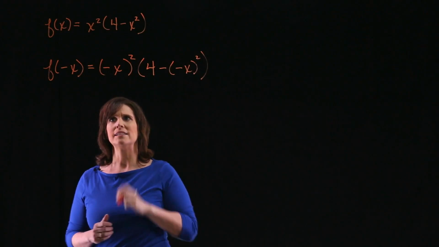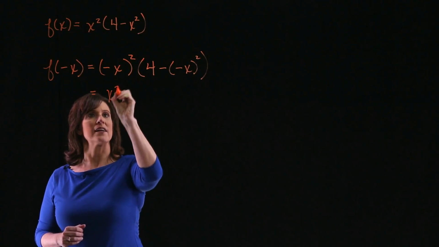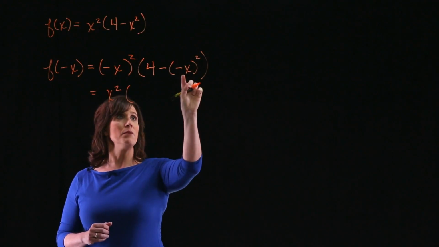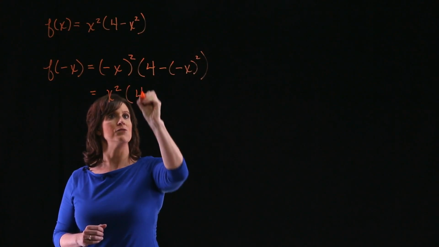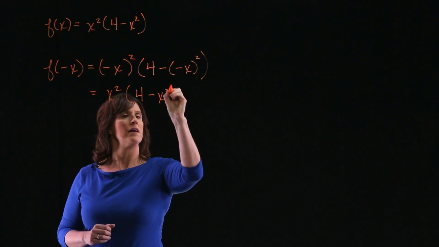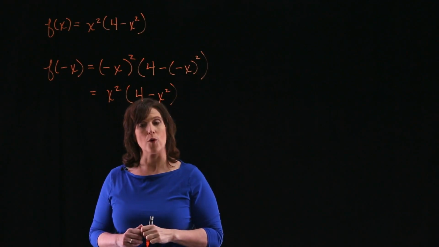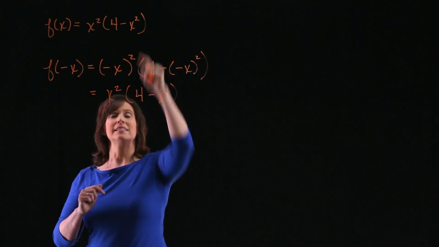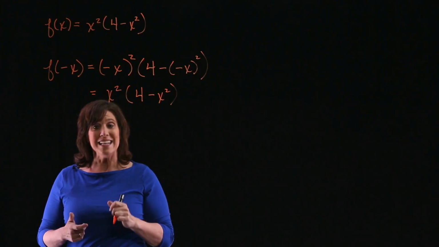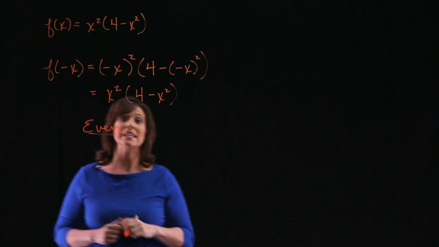Now let's see what this does to my function. Negative x squared is just x squared. And in a similar way, the negative x that is squared in this location is also just x squared. So I have x squared times the quantity 4 minus x squared. Notice that this is exactly the same thing that I started with, which indicates that my function is even.